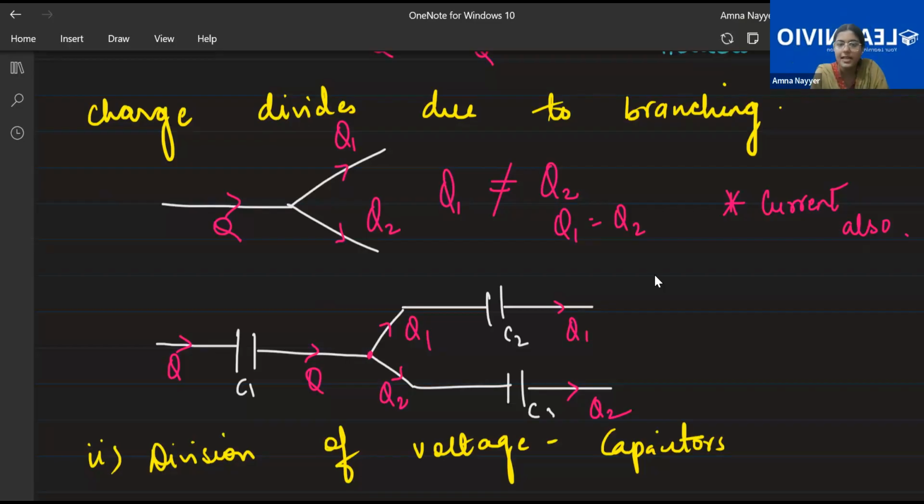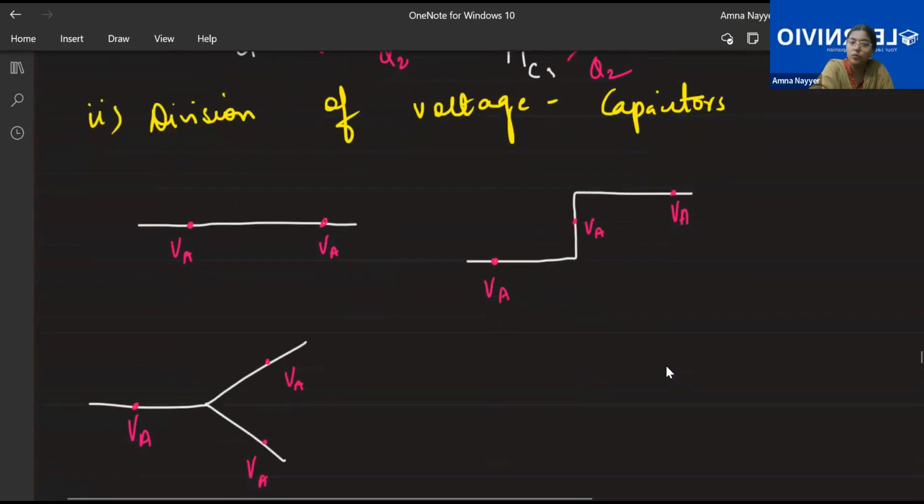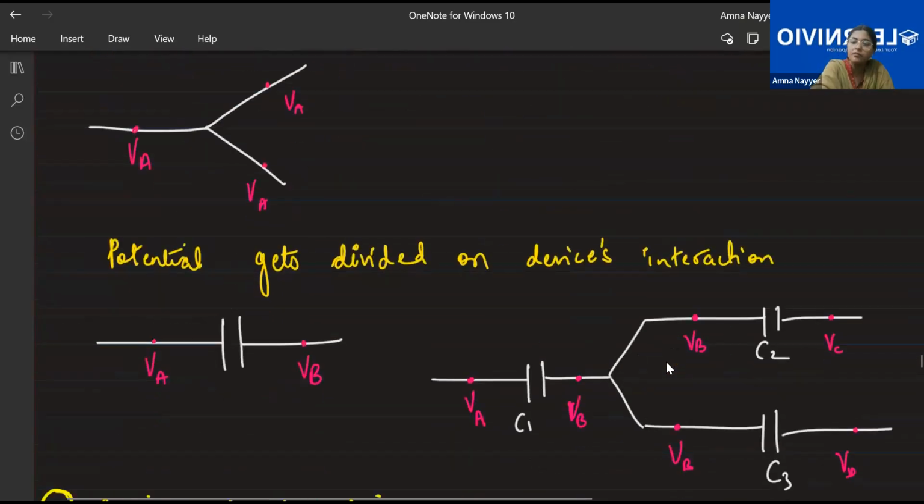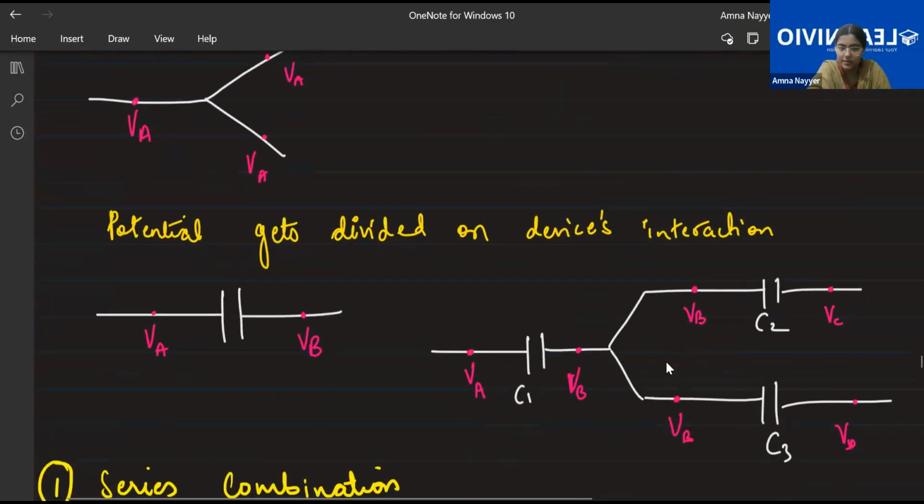So the best method is to see the charge. When the charges remain the same in case of capacitors, or the current remains the same in case of resistors, it's the series combination. And if you see potential remains the same, voltage remains the same, it is a parallel combination.